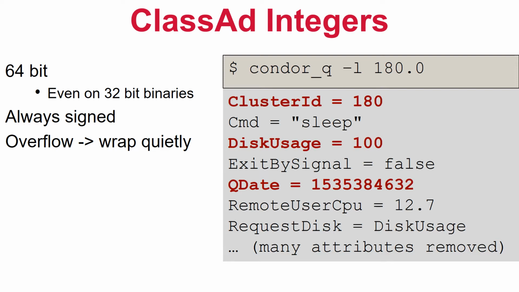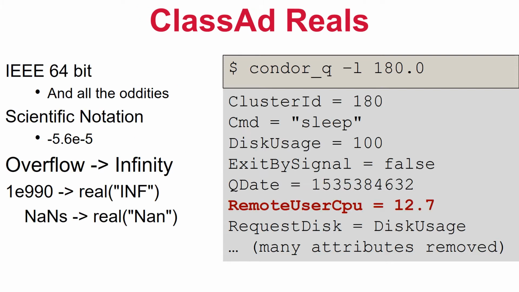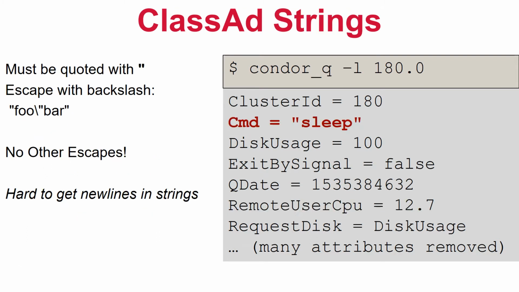RemoteUserCpu is not an integer because it's got a dot in it. RemoteUserCpu is a real value, or floating point. These are stored as 64-bit floating point, so have tremendous range. For the mathematical programmers, these do support positive and negative infinities, as well as not-a-numbers, but you'll probably never run into those.